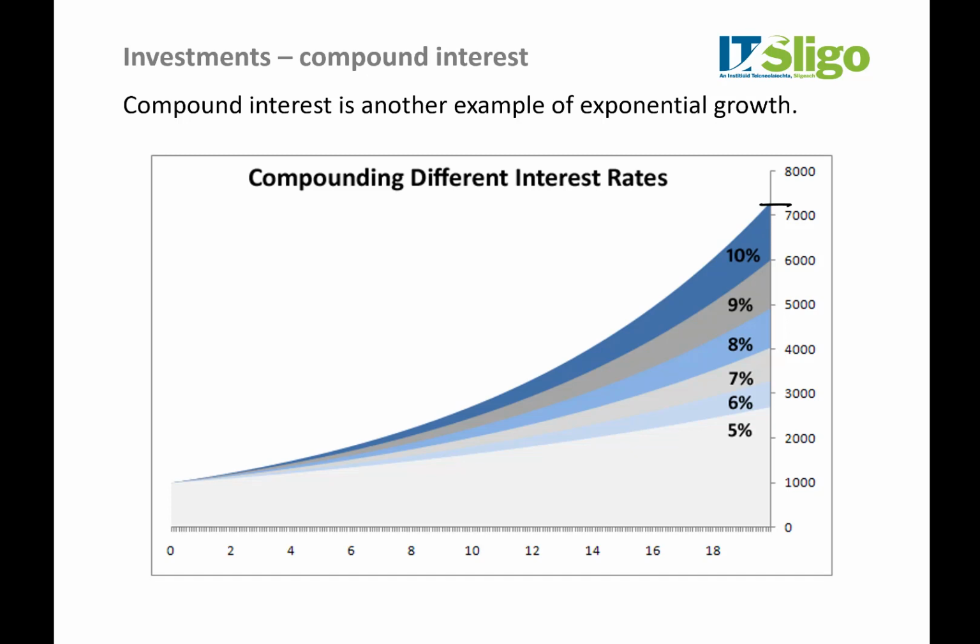Say, oh, this looks like 20 years. So at 5%, if you invested, say, €1,000 at 5%, after 20 years, you'd have about €2,600 saved or in the bank. Whereas if you did the same at 10%, you'd have over 7,000.